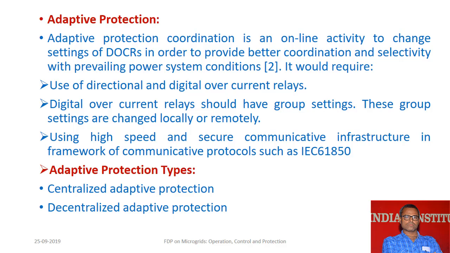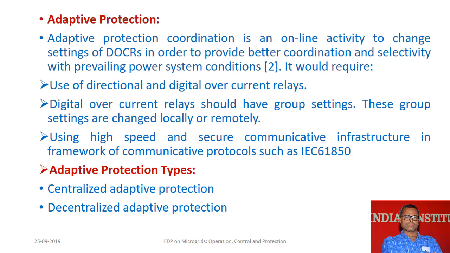So it would require the use of bidirectional and digital overcurrent relays. Digital overcurrent relays should have group settings. These group settings are changed locally and remotely. Usually, a high speed and secure communication facility is required. Generally, an optical fiber network is chosen for this communication link, right? And there are different types of adaptive protection schemes.